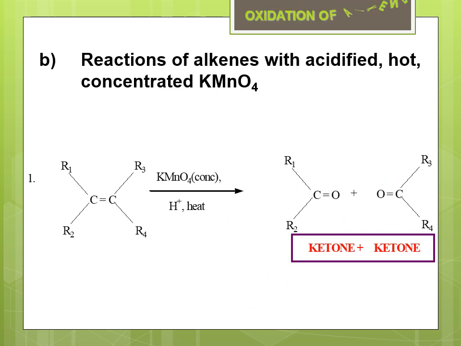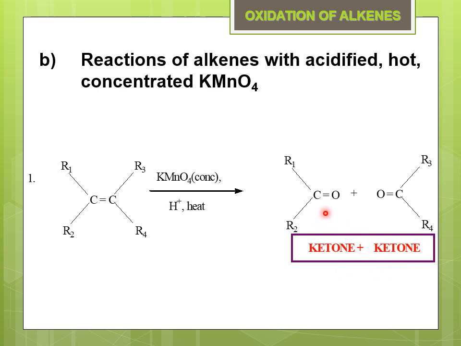Okay, the second reaction, oxidation, is when alkenes react with acidified, hot, concentrated potassium permanganate. Let's say we have 4 different R groups attached to our restricted carbon. When we react it with acidic potassium permanganate, we're going to produce 2 ketones.